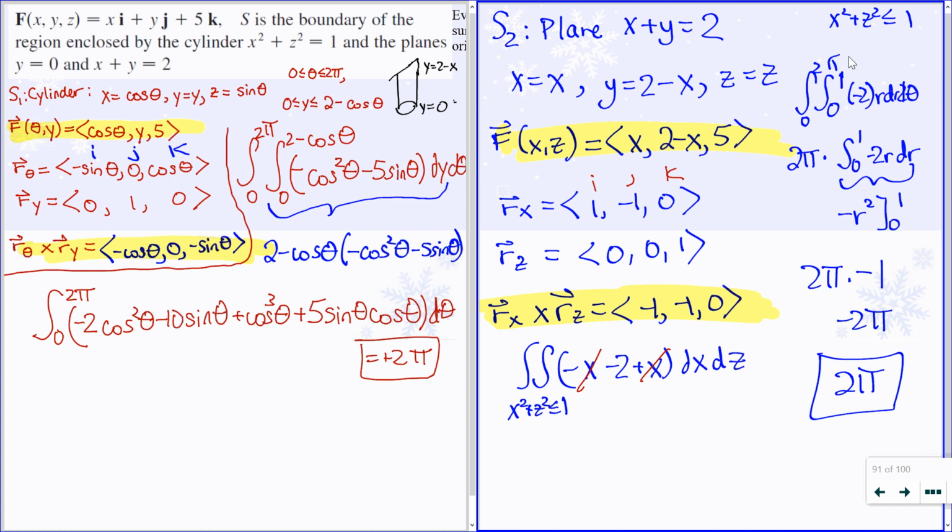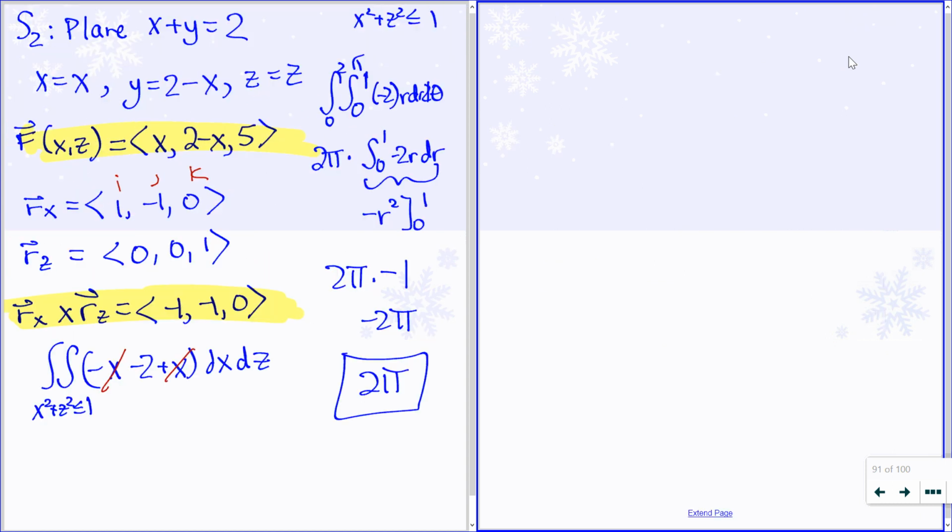Lastly, all we need is the plane on top, z equals 0. We're so close. So let's do surface 3. You can do this. Plane y equals 0.